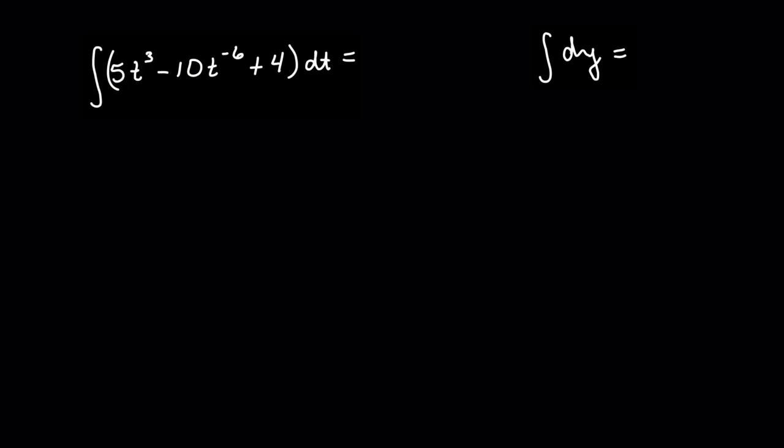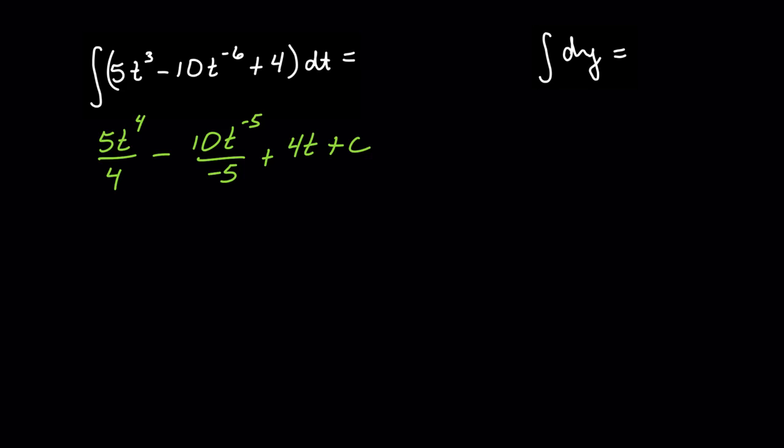And then the last problem here, last two problems. Integral here is going to give you 5t raised to the 4th power over 4 minus 10t to the negative 5 over negative 5 plus 4t plus c. And notice that I am using t's this time because we have t as our variable. Okay.